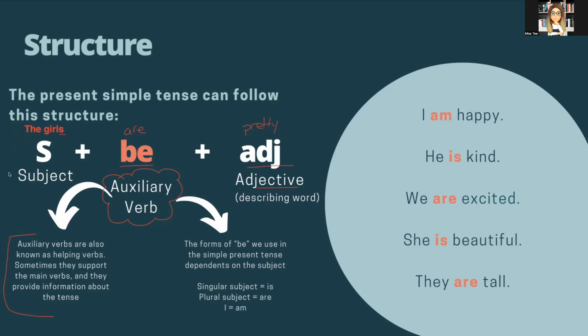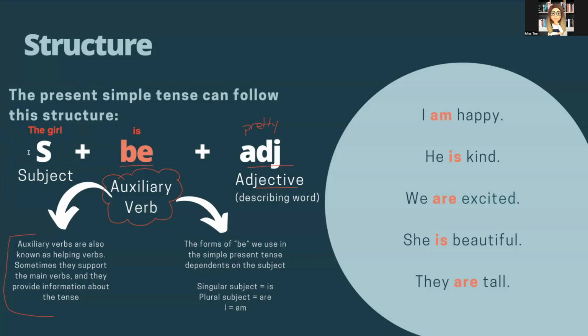Now, like before, if we changed it and it's singular, then this changes to is. The girl is pretty.